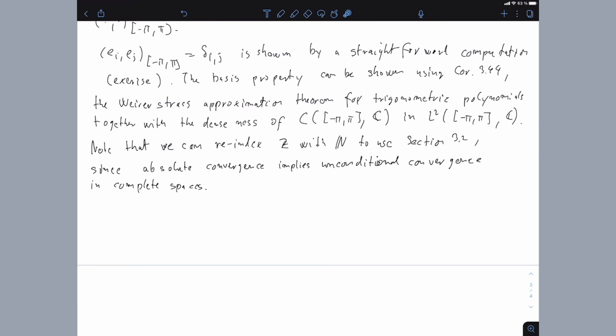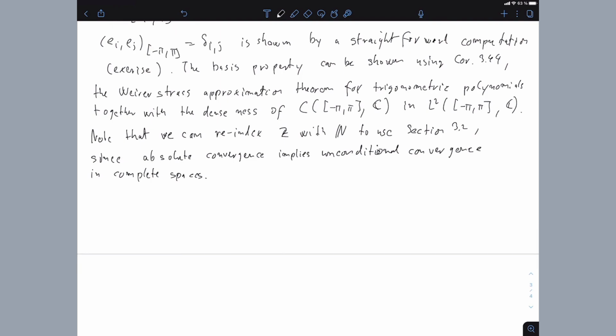So to index Z with n, you could just, for instance, start 0, 1, -1, 2, -2, and so on. So you just need to hit all the integers by going through all the natural numbers. And if we now can use all the results from section 3.2, we can in particular use this basis property.